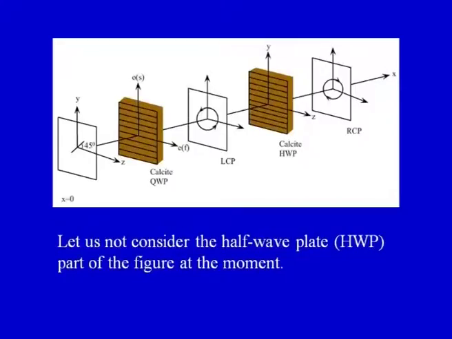The passage through the quarter wave plate makes the initially plane polarized light with equal amplitudes circularly polarized. The quarter wave plate introduces a phase difference of pi by 2, or quarter vibration. The result is we get a left circularly polarized light.